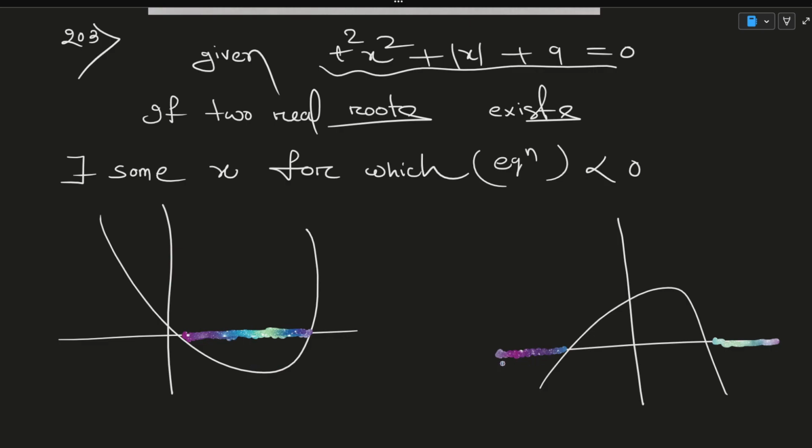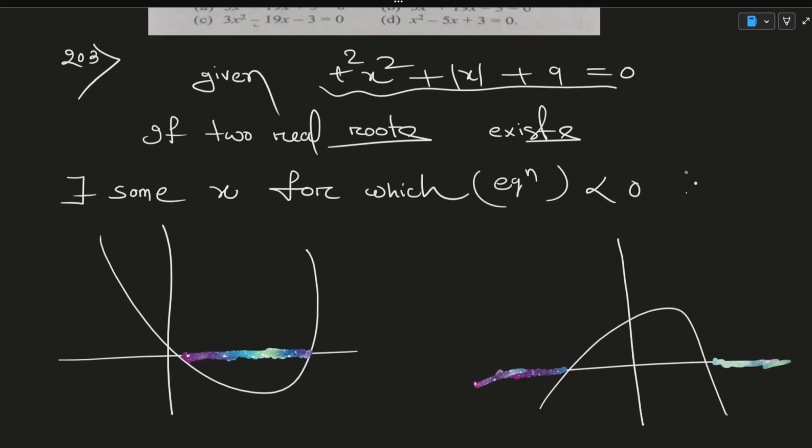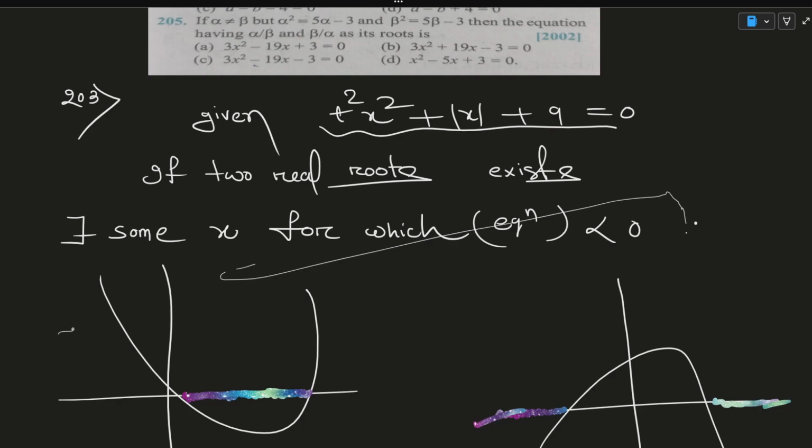And if it is a downward parabola, then these are the values of x for which the value of the quadratic equation will be less than 0. From the given equation, it is clear that it is an upward parabola, right? Then this will be the x.